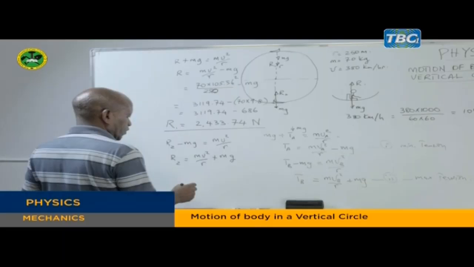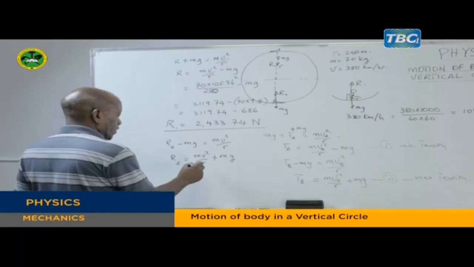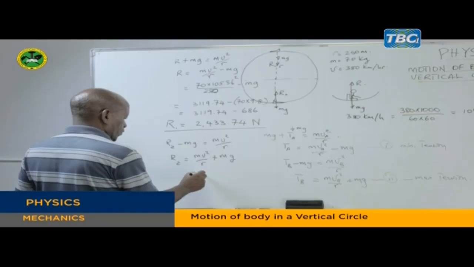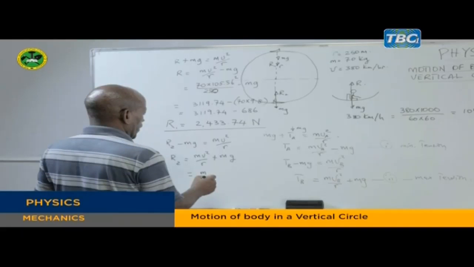If we substitute there, we can simplify mv squared over r plus mg.